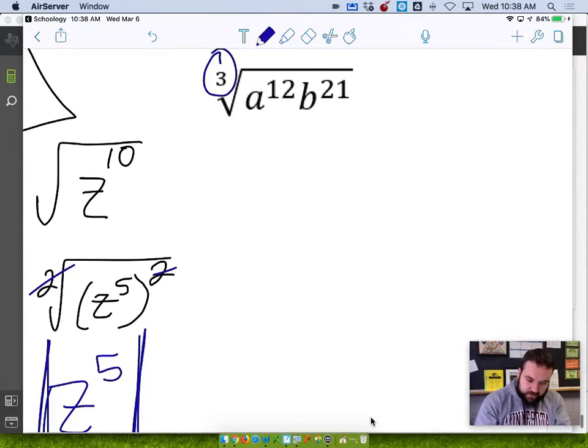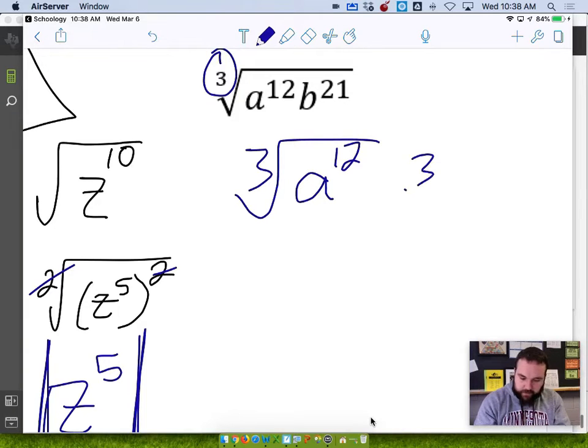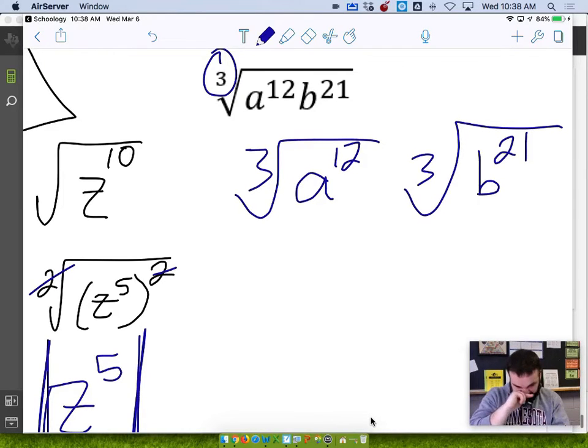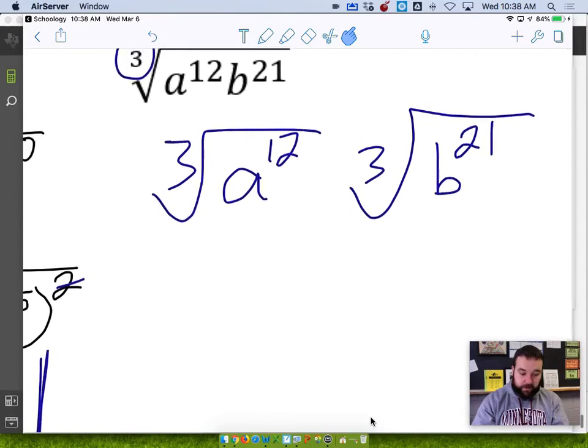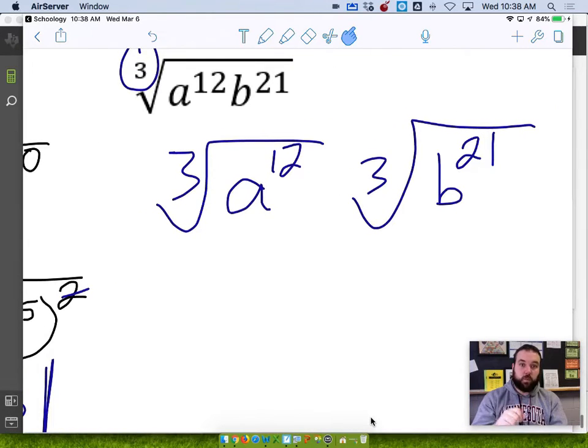And what that allows me to do is when I split this up into a to the 12th and the third root of b to the 21st, I don't need to worry about absolute value in this problem at all because my index was odd.